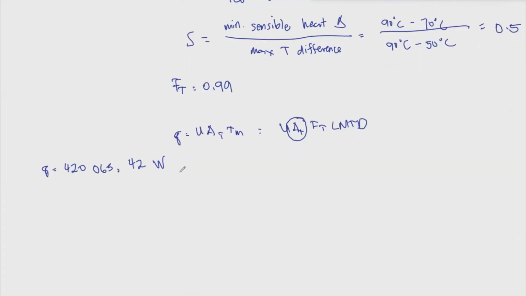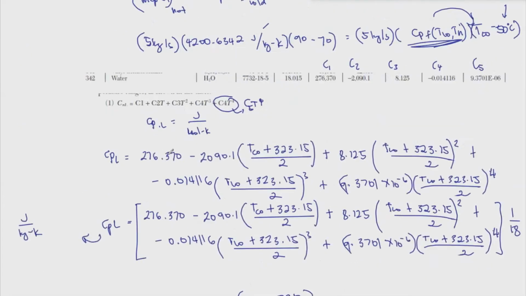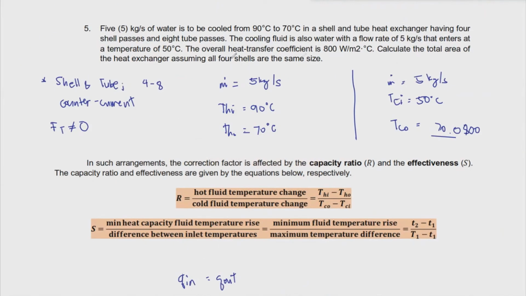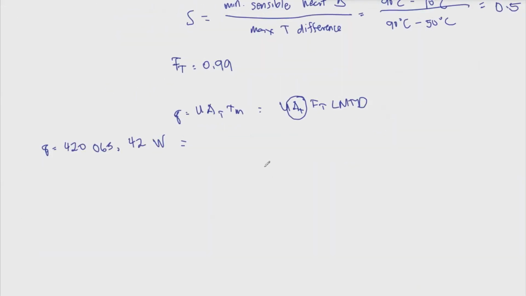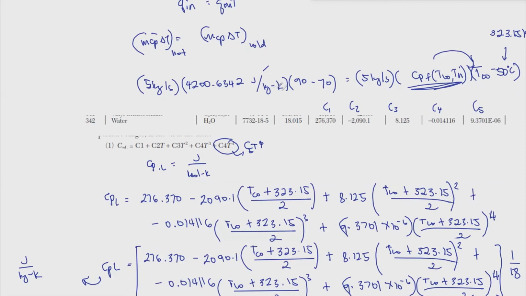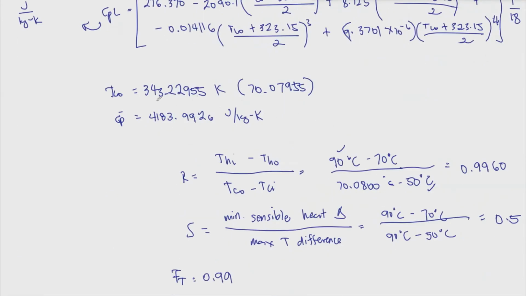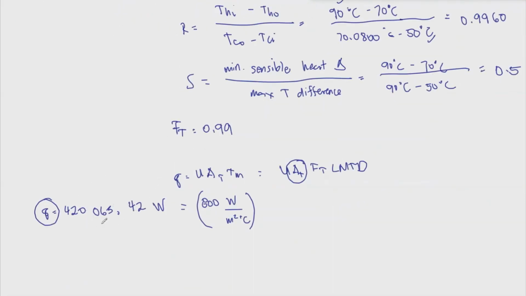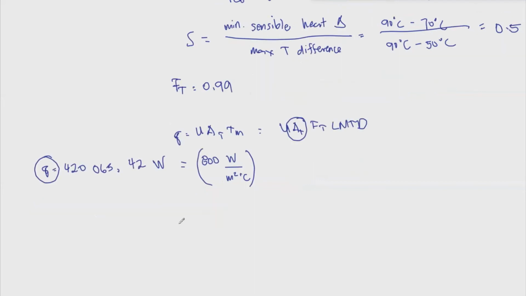And then our Q is equal to U times the area. Our U from the problem is equal to 800 watts per meter squared degrees Celsius. And again, I would like to say that this Q we did not get from the problem, but we got it from our Q balance. And by the way, even if you use this 343 for the colder region of the fluid, you will still get the same answer. That's 420,063.42 watts.